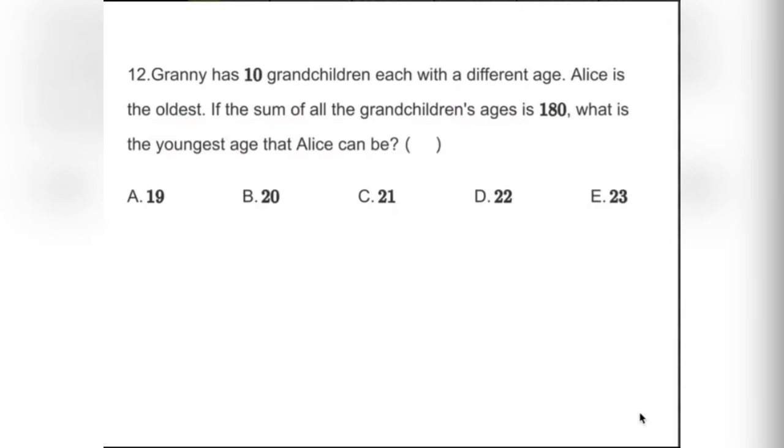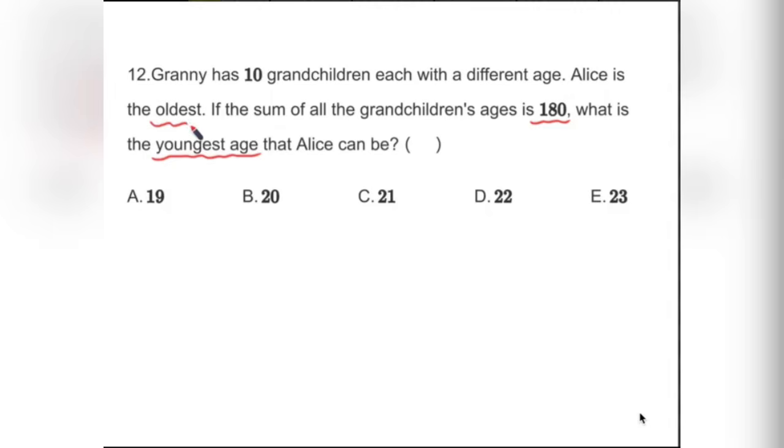Yes, and the next one, question 12. Granny has 10 grandchildren, each with a different age. Alice is the oldest. If the sum of all the grandchildren's ages is 180, what is the youngest age that Alice can be? Well, for such a question, again, let me emphasize some key points.